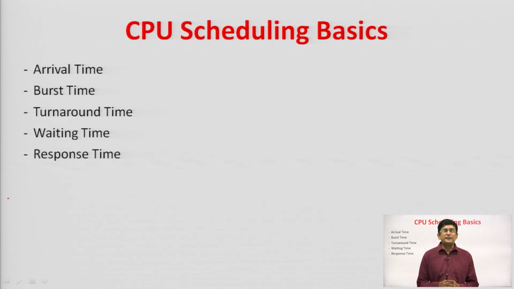The response time means the first time the process has got the CPU. We have seen the round robin scheduling mechanism in which a process was given the CPU for a short duration, then the CPU was taken back and allocated to some other process.